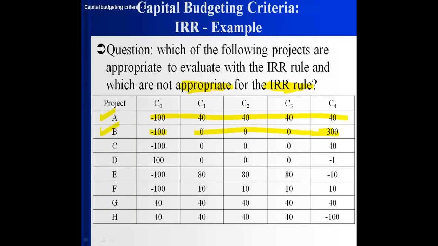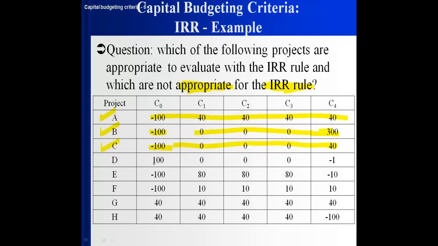How about C? Negative, then a bunch of zeros and a positive, looking good. But notice C is a bad project. You put in $100 and then 4 years later you get 40 back. What we're saying isn't that, yes, check, it's a good project. It's check, we can use IRR to evaluate it to tell us that it's not a good project.